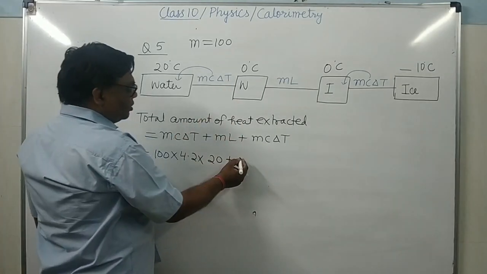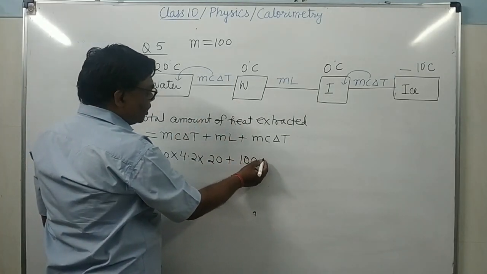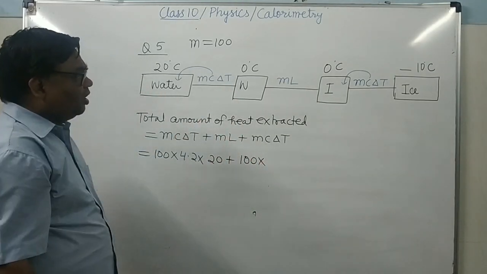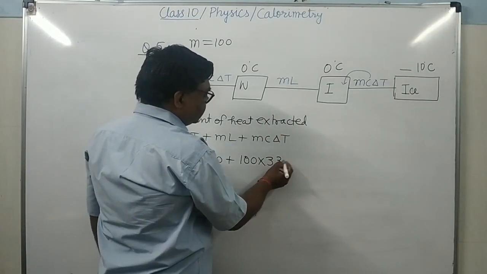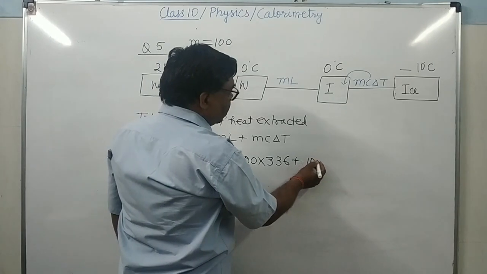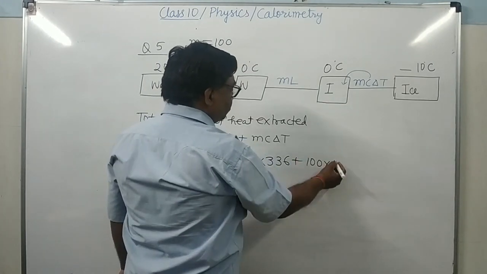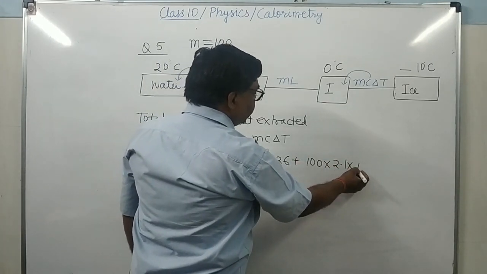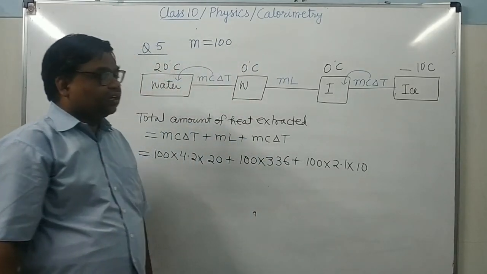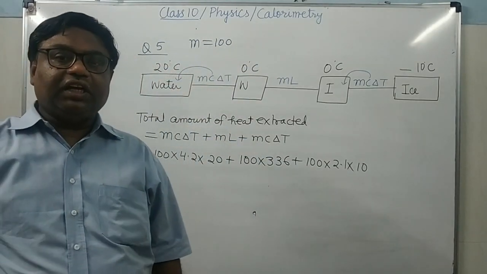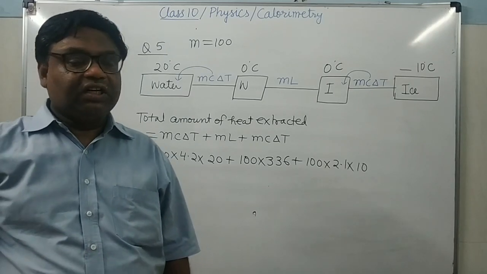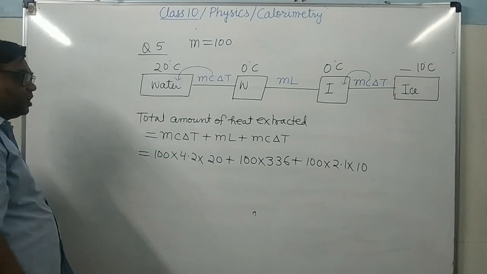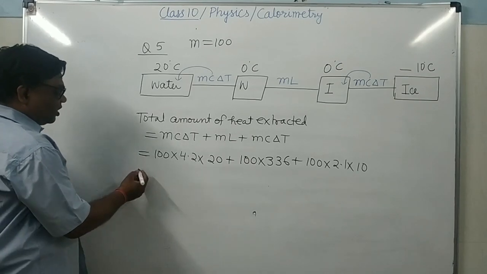Then ml, that is 100, mass will remain the same everywhere. Here is the change of state, L is given as 336. Plus 100, what is C? 2.1. Delta T is 10, not minus 10. Delta T means only the change of temperature, and the change here is 10 degrees Celsius. From 0 to minus 10 means the change is 10 degrees Celsius.